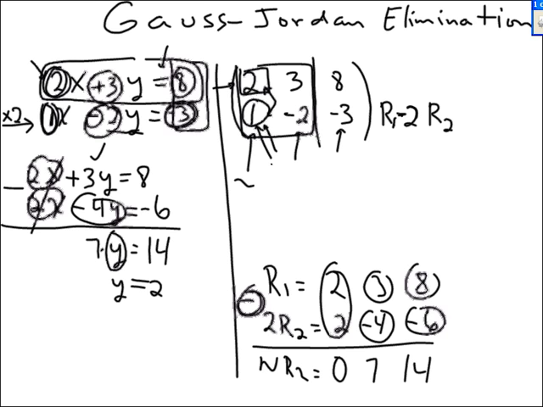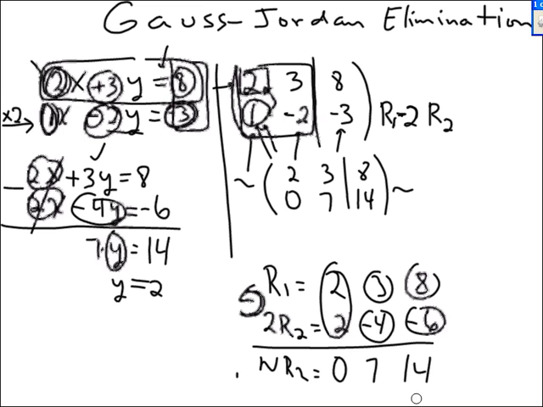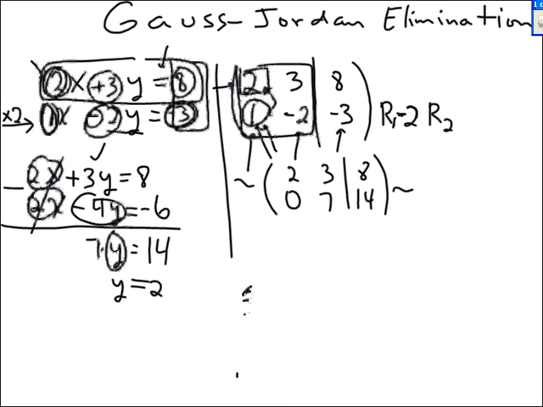So this is row equivalent to 2, 3, 8, 0, 7, and 14. I haven't mentioned this till now, but when it comes to reducing a matrix, you should always, when possible, divide to make the numbers smaller, but not introduce fractions.